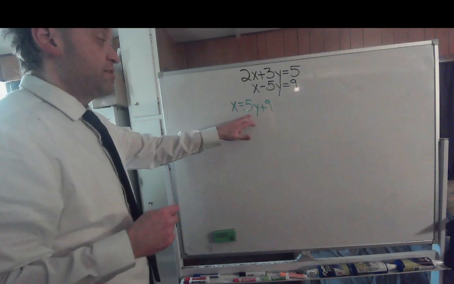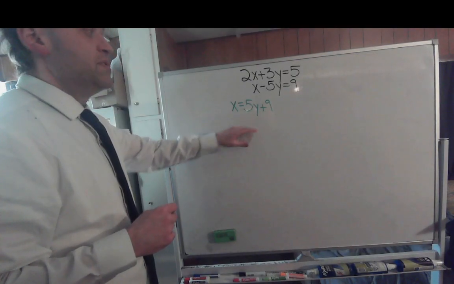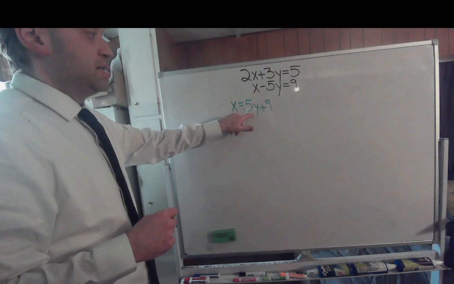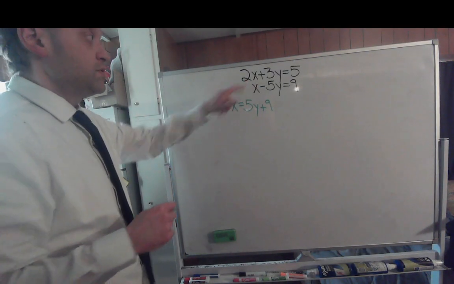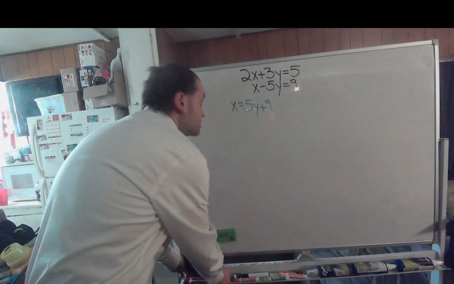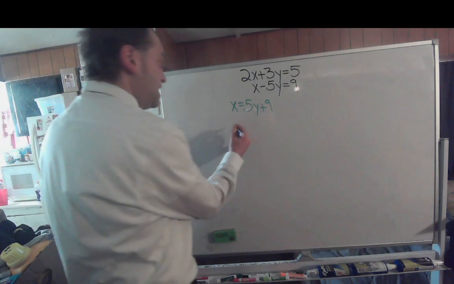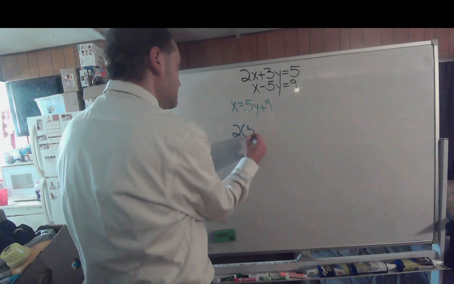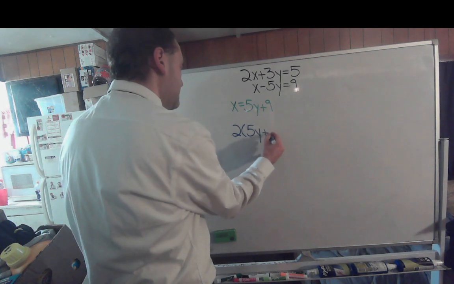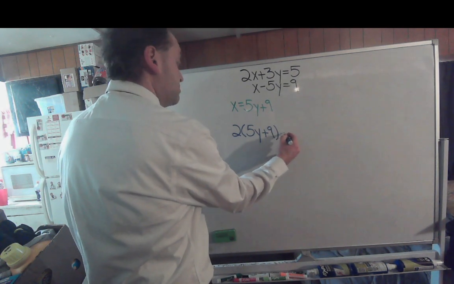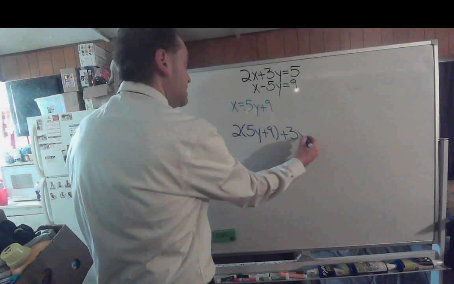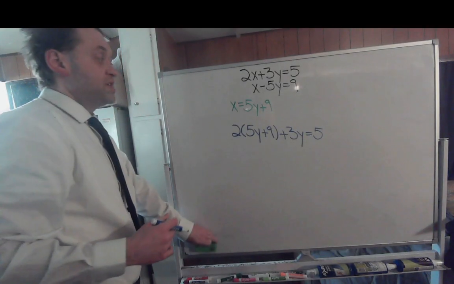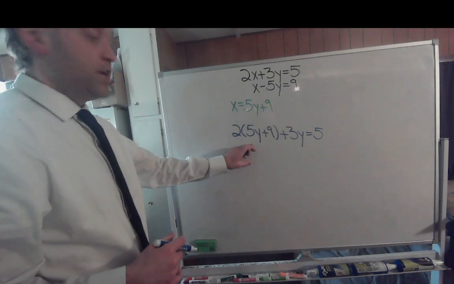x equals 5y plus 9, and then you can take that 5y plus 9 and put it where the x is in the first equation, 2x plus 3y equals 5. So take 2 times that value of x, which is 5y plus 9, plus your 3y, set that equal to 5. So you've brought this to an equation of one variable.